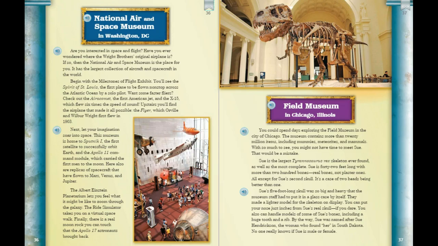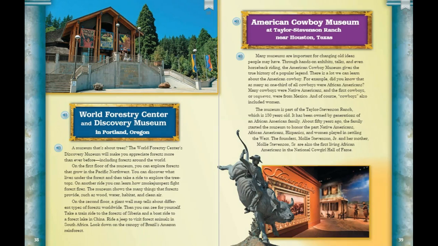Why isn't Sue's real skull attached to the rest of her skeleton? How does the author organize the description of the Forestry Museum? What is the main idea of the first paragraph on page 39, and what details support the main idea?